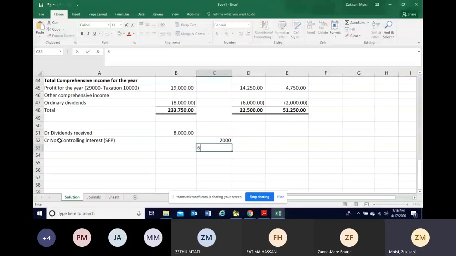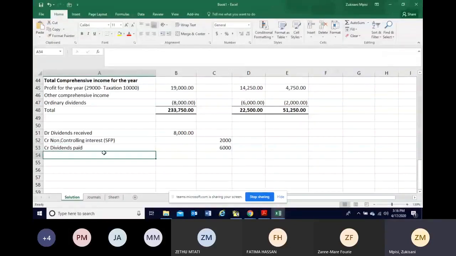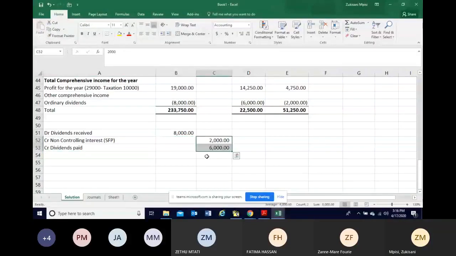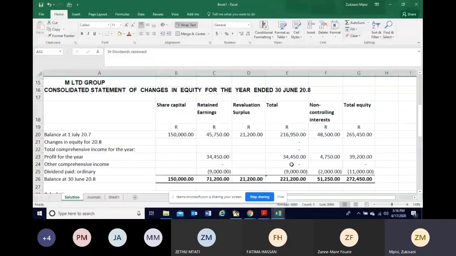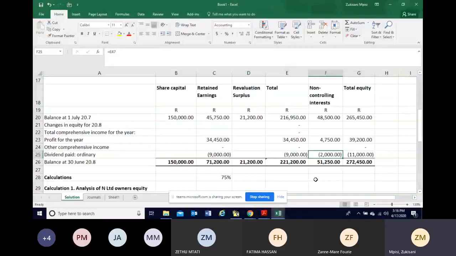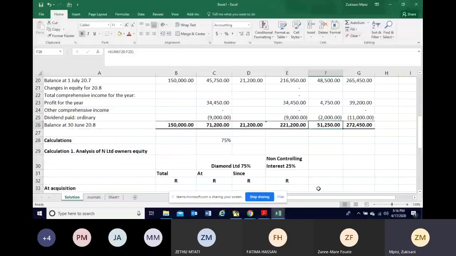And then we said take out dividends paid, credit dividends paid. So this means from a parent perspective, this 6,000 is gone. This 6,000 that is paid to the parent, it's gone. The only thing that you have is this 2,000, this 8,000 is gone. Hence here, you deduct the 2,000 that you have taken from your non-controlling interest, because it is this 2,000 that we had here, so that we get to the 51,250 that balances.